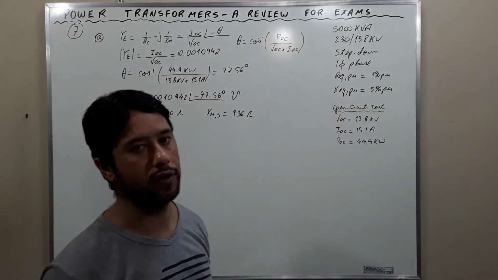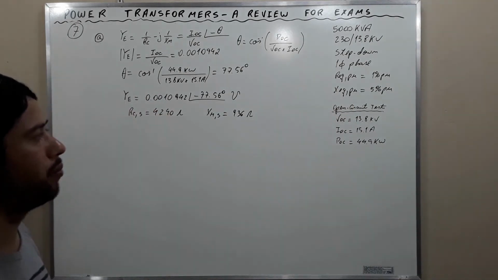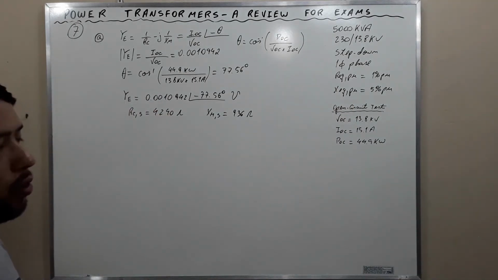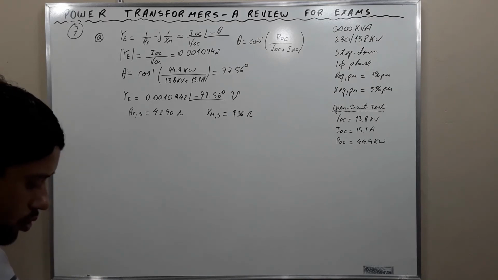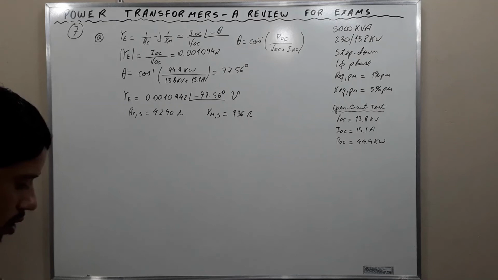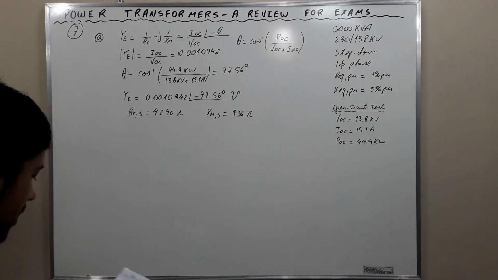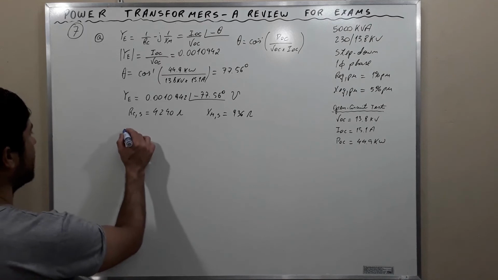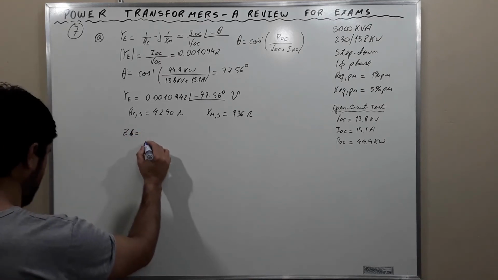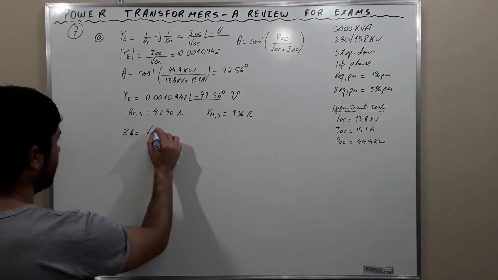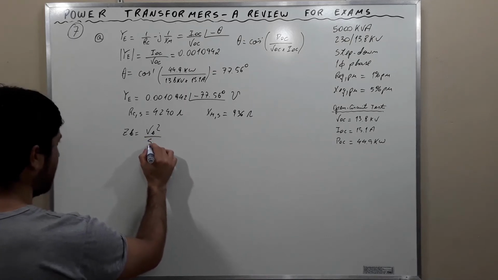To convert from per unit to ohms, we need a base value. For the low voltage side, the secondary, ZB is equal to VB squared divided by SB.